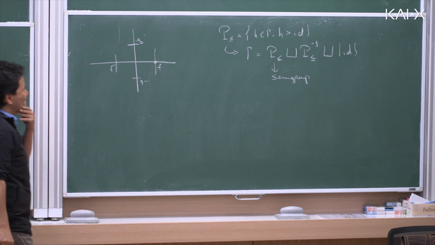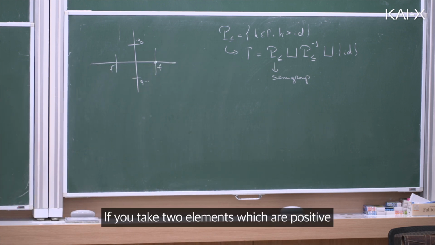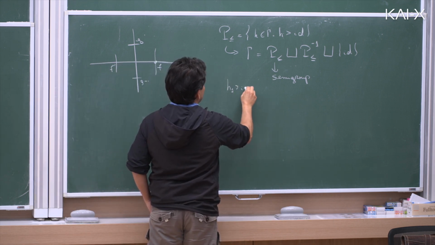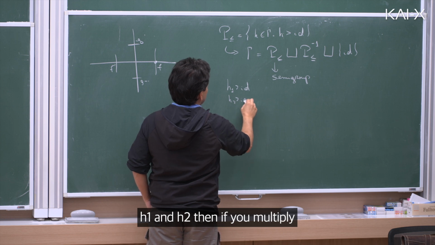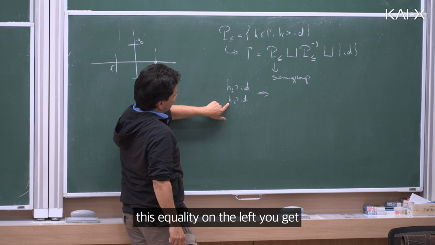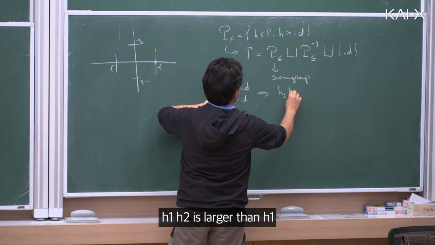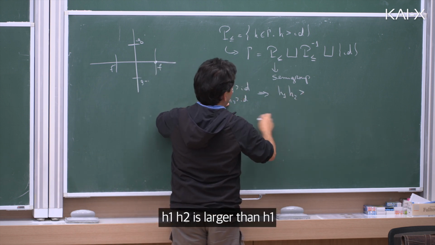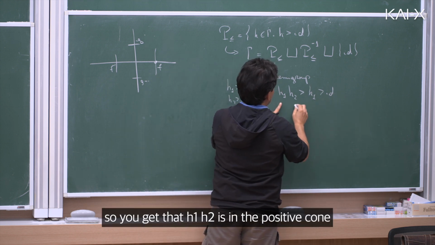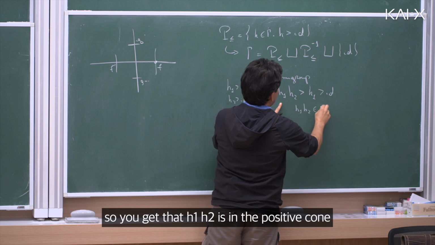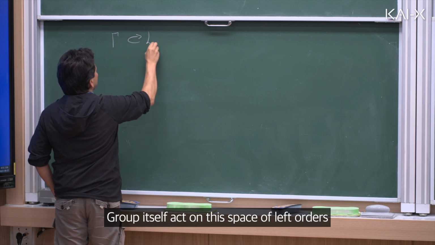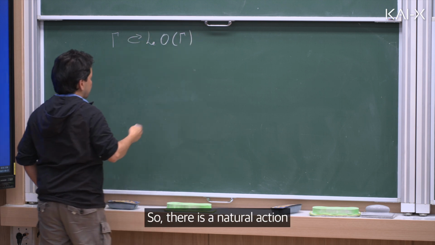Okay? And this is a semi-group. If you take two elements which are positive, h1 and h2, then if you multiply this inequality on the left, you get h1 h2 is larger than h1, but h1 is larger than the identity, so you get that h1 h2 is in the positive cone. Okay, the group itself acts on this space of left orders. So there is a natural action.